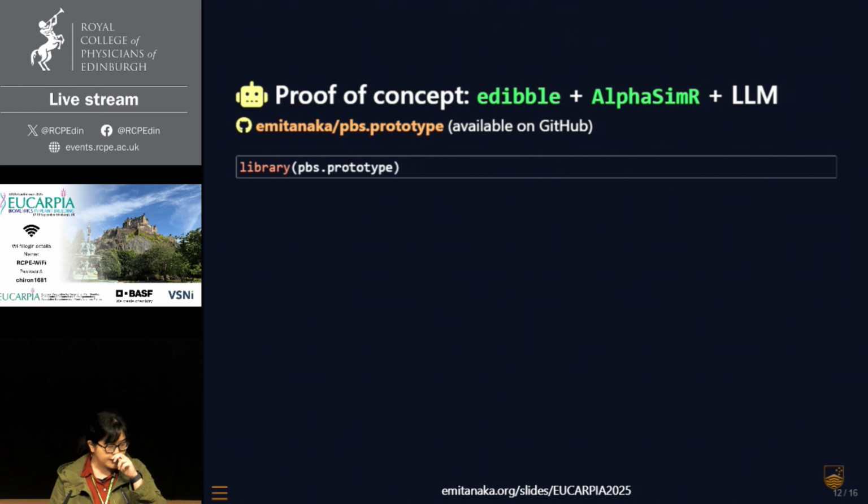And so as a proof of concept, I tried to combine the composable design of experiments approach with a simulation pipeline from AlphaSimR with a large language model in between to talk between it. So this prototype is available on my GitHub. So if you want to check it out later, you can look at the code.